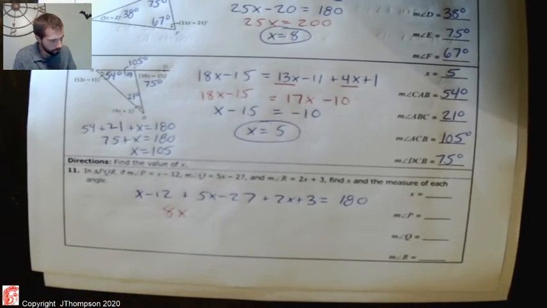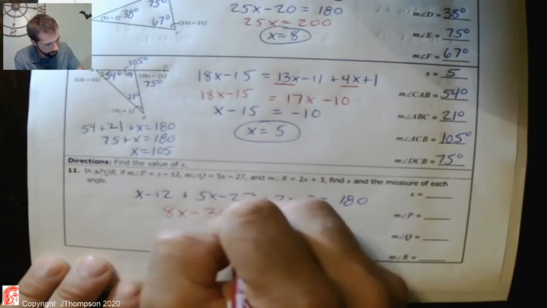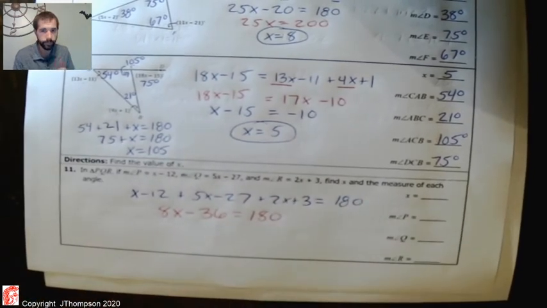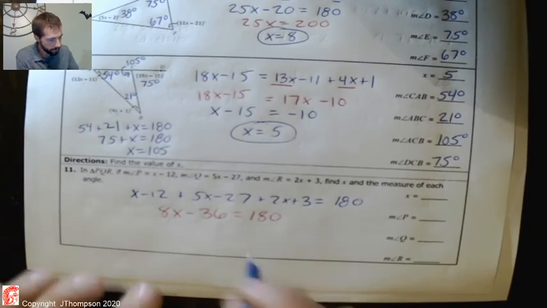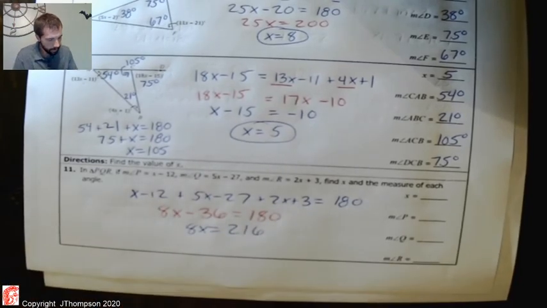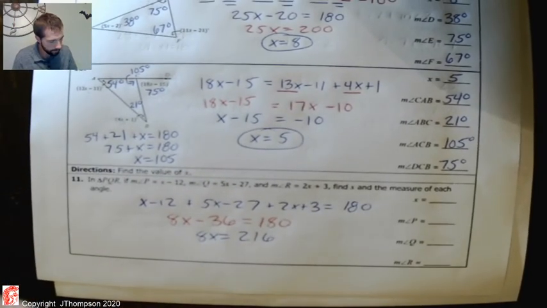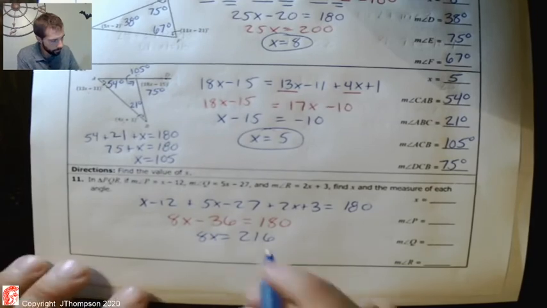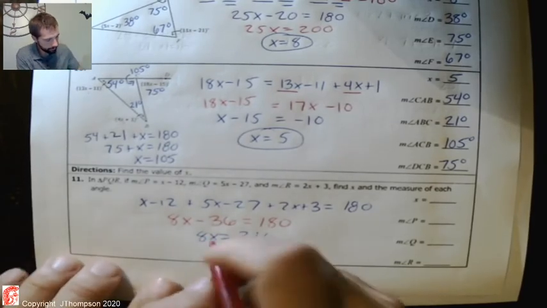And then negative 12 minus 27 plus 3, that's going to give us negative 36. So there's our equation, 8x minus 36 equals 180. Then we add 36 to both sides, and we get 8x equals 216. And then divide 216 by 8, and we get x is 27.